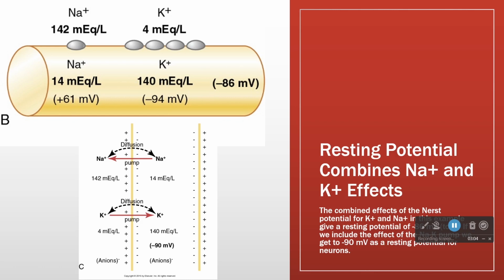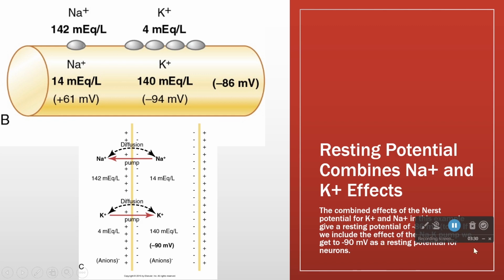It means that if we open a sodium or potassium channel, those molecules are going to move because neither are at their Nernst potential, right? Neither are at equilibrium. So regardless of what the membrane potential is, if we open a channel, because it's not perfectly balanced, those molecules are going to move and the membrane potential is going to change, right?